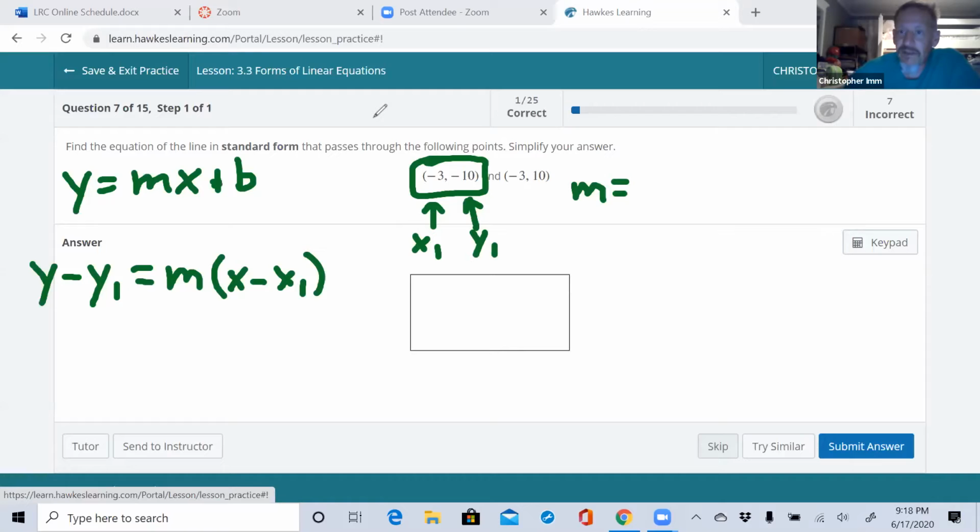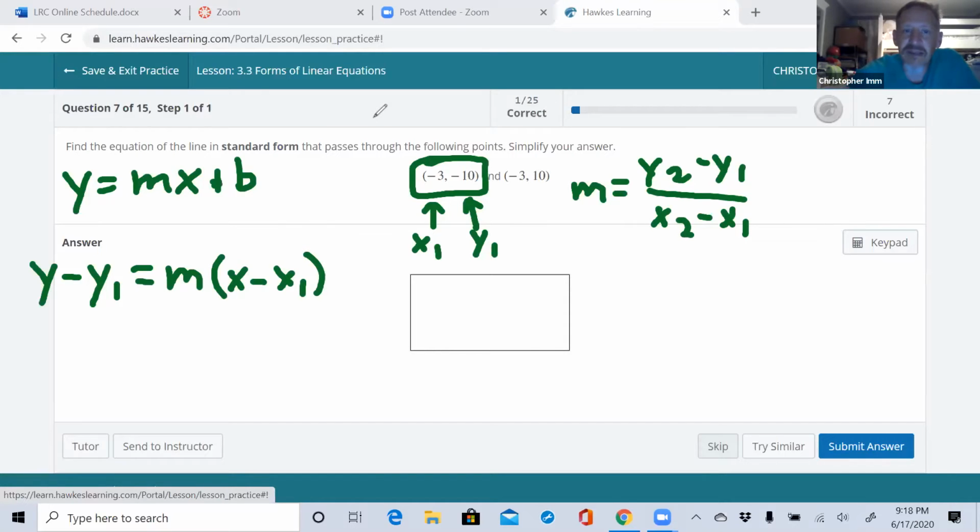The way to find a slope is we want to look at the rise as we go from left to right, how far it goes up, over the run, which is how far it goes over. So it's going to be the change in y, y2 minus y1, over the change in x, x2 minus x1. That's the rise over the run.